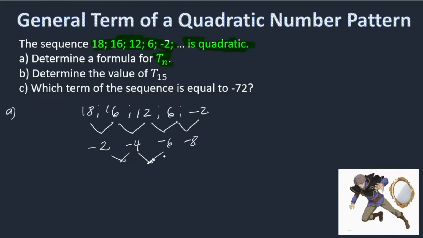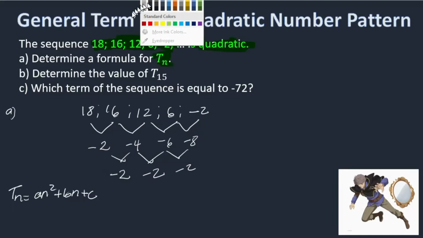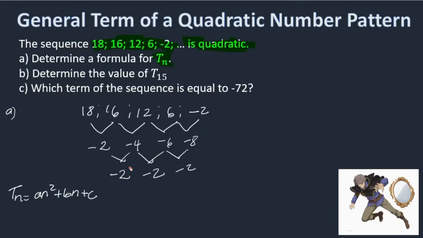Then I do it again this way. To move from here to there, what happened? I subtracted 2. To move from here to there, subtract 2. From here to there, subtract 2. And remember, now we are looking for the sequence. So I need to know that my Tn, the general term, is equal to An squared plus Bn plus C. And then we start with A. I'm going to take this and equate it to 2A.